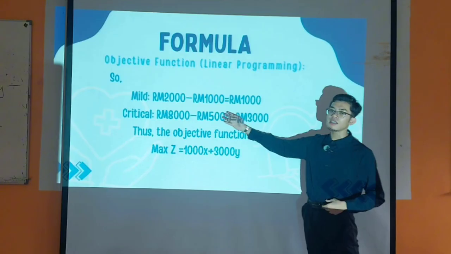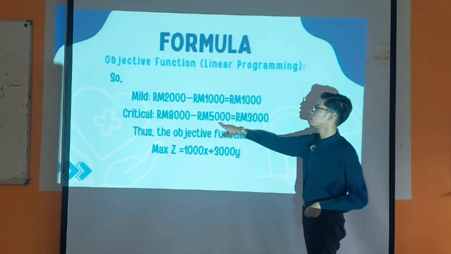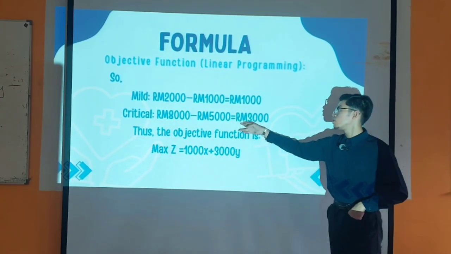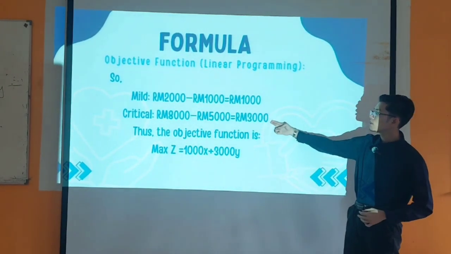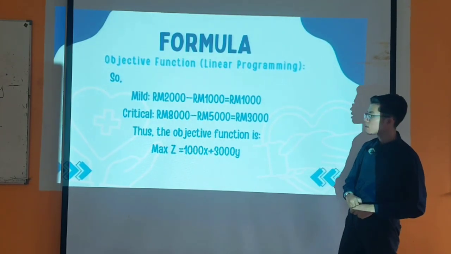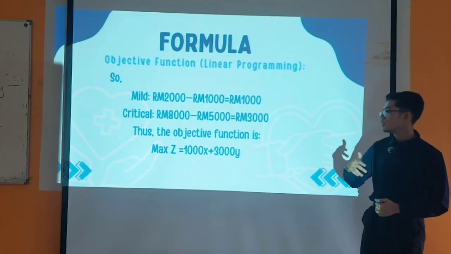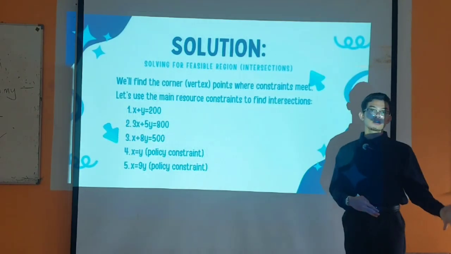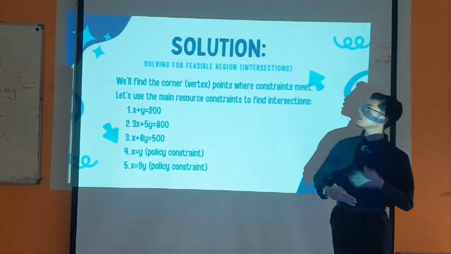For the critical cases, the subsidy is 8,000 minus the treatment cost of 5,000, so the net profit for a critical patient is 3,000 ringgit. So the objective function that we get is max z equals 1,000x plus 3,000y. Okay, let's proceed to the next slide. To solve this problem, we will be finding the feasible region.